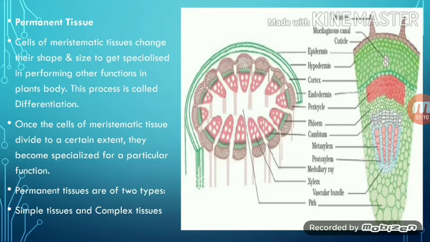One is simple tissue and another one is complex tissue. In this picture, it is a diagram that shows the differentiation of tissue. So we will discuss in detail.